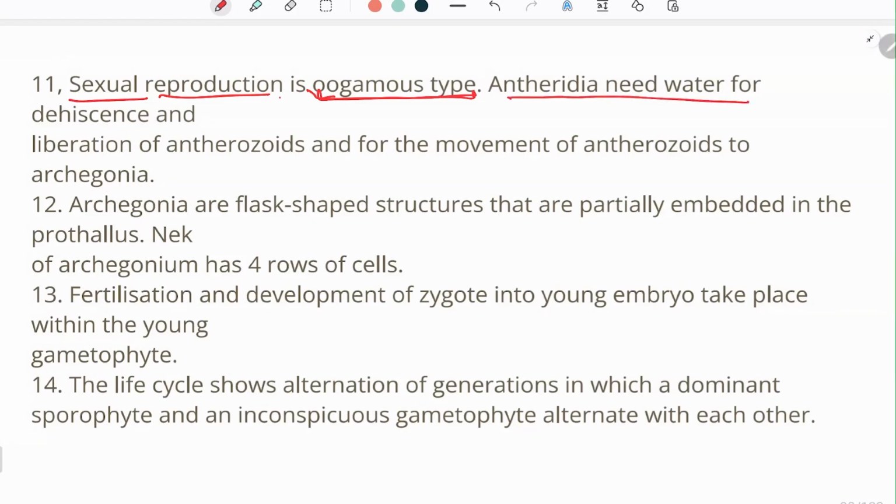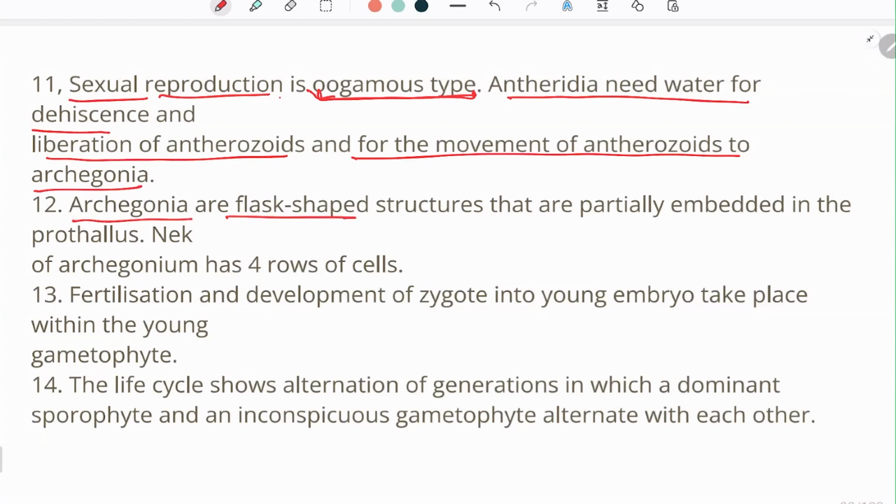Antheridia need water for dehiscence and liberation of antherozoids, and for the movement of the antherozoids to the archegonia. So in both bryophytes and pteridophytes, the presence of water is essential for the movement of antherozoids to the archegonia for fertilization. This is the main reason why they require damp and humid places.